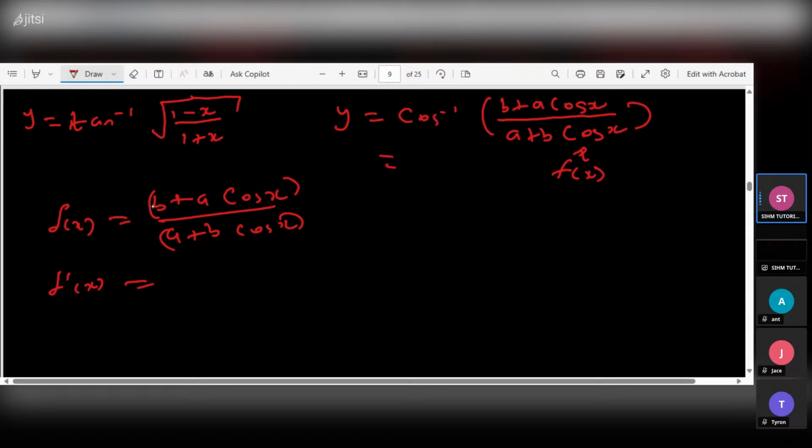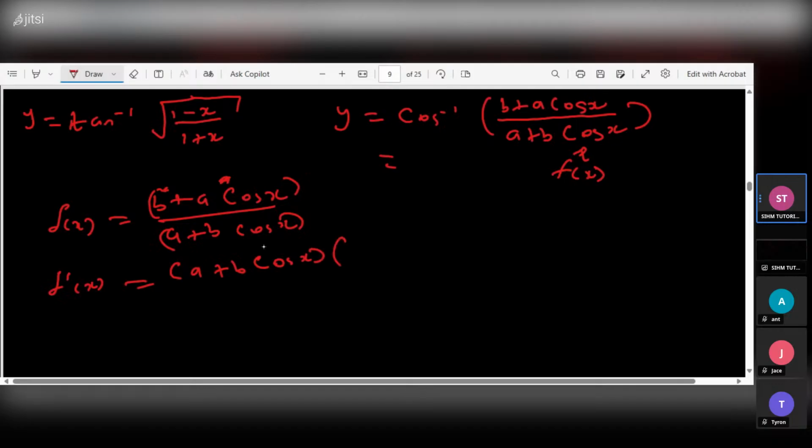So you have b plus a cos x. We first derive the numerator, and then we keep the denominator, which is a plus b cos x.